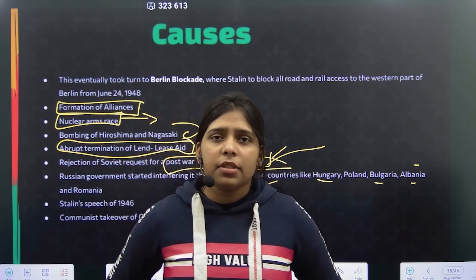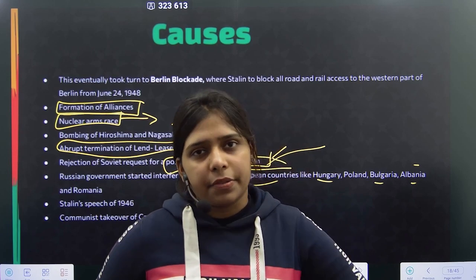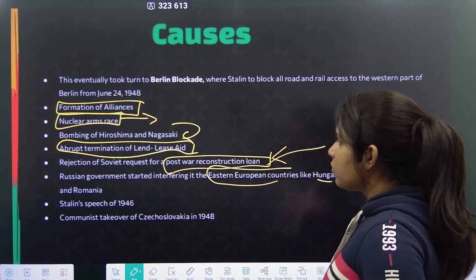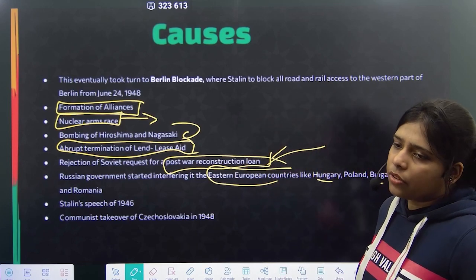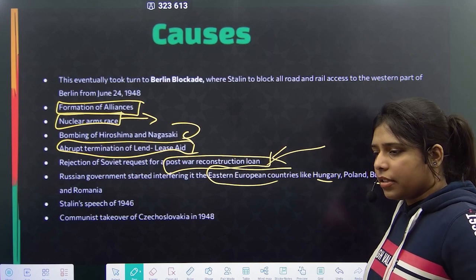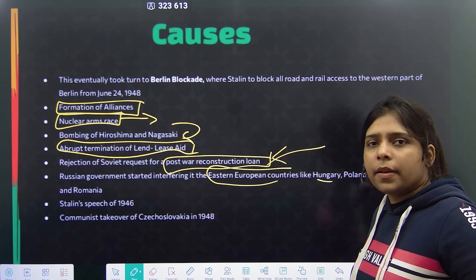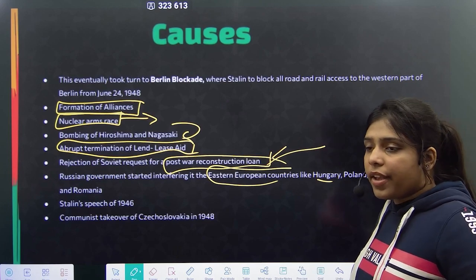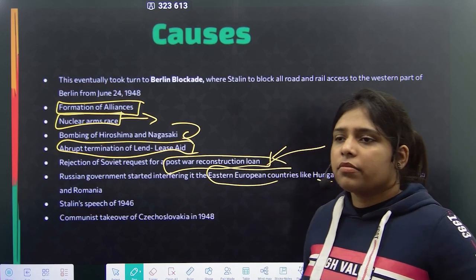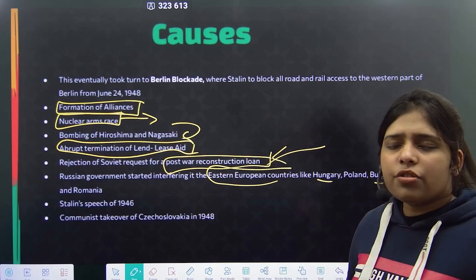Because capitalism and communism cannot stand together. Okay? And then on the other hand, Winston Churchill came up and he declared that there is now an iron curtain between these two regions, the Western Bloc and the Eastern Bloc in Europe. Okay, as a retaliation to Stalin's speech.